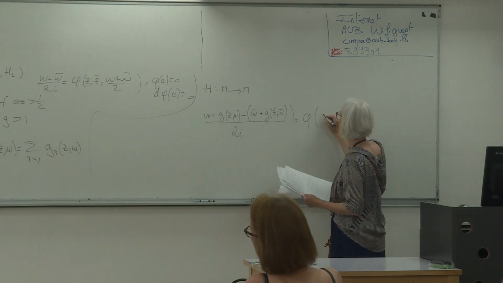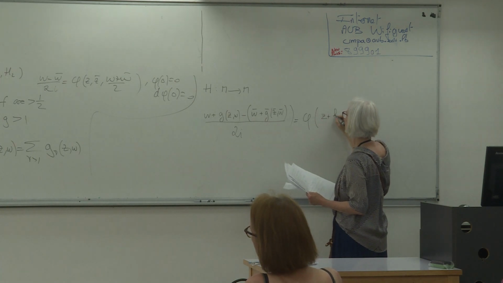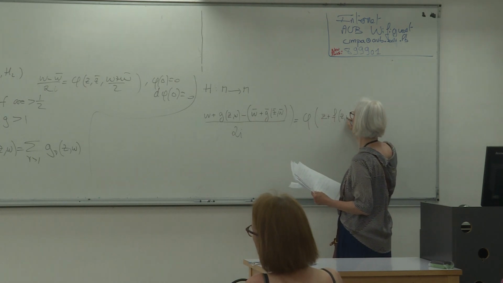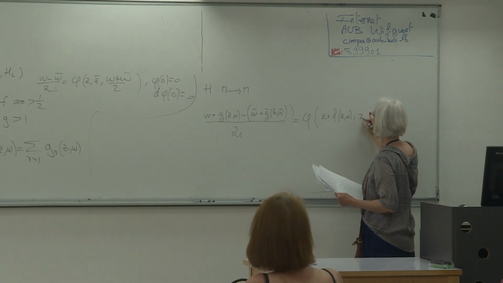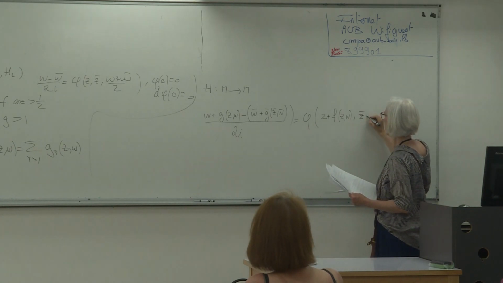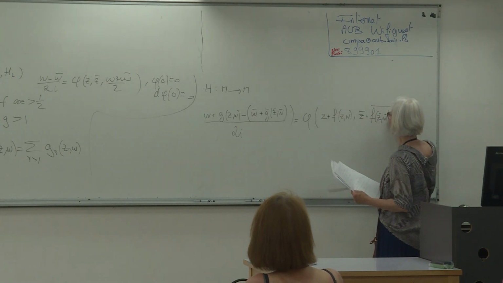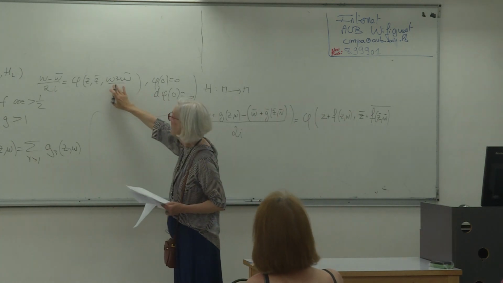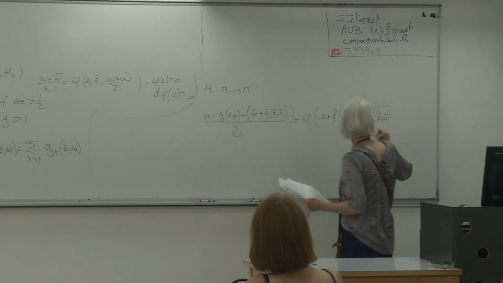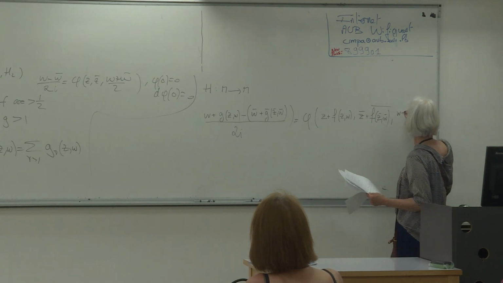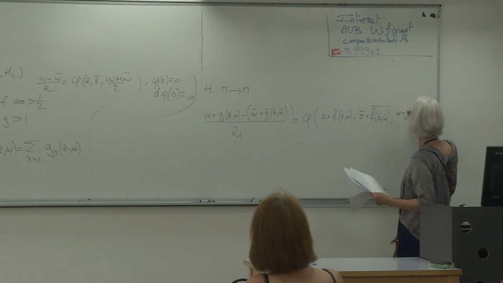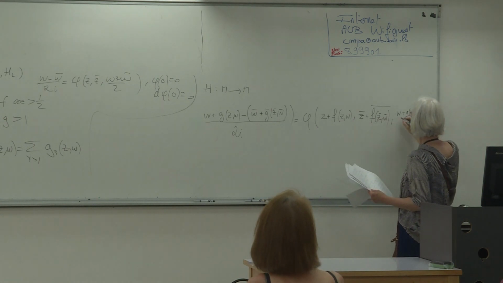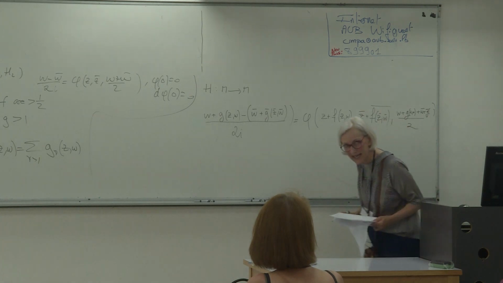H1 is Z plus F ZW. Z bar is Z bar plus F bar Z bar W bar. And real W is W plus G ZW plus W bar plus G bar over 2. This is the equation I get, right?